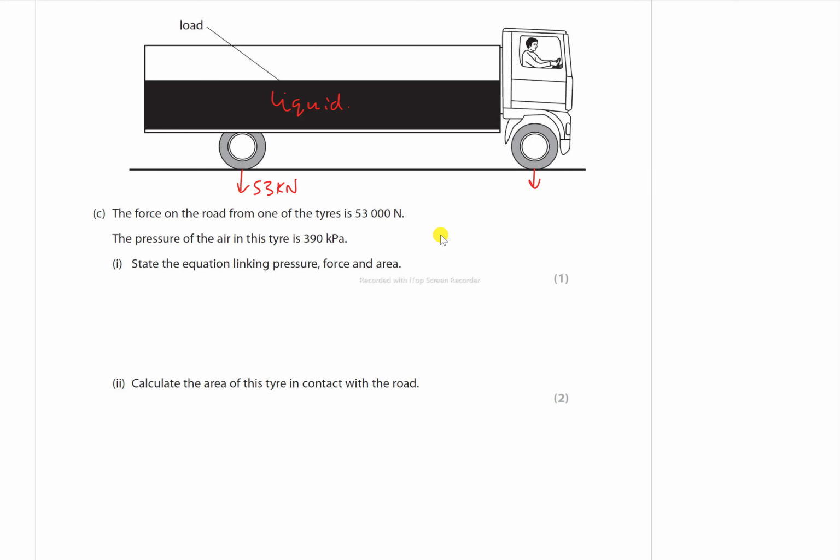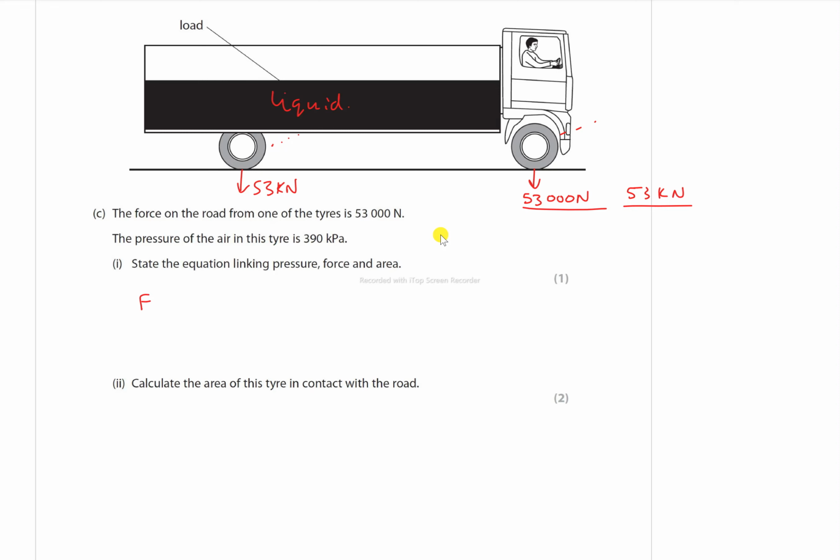So there's one there, and there'll be some down here around the back as well, because remember, it's not 2D. I can put 53,000 newtons, or I can put 53 kilonewtons. The pressure of the air in this tire is 390.